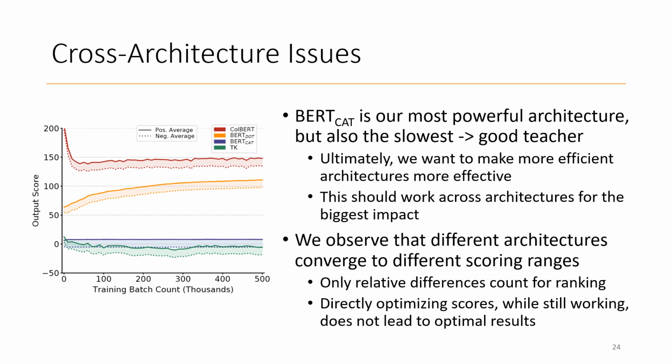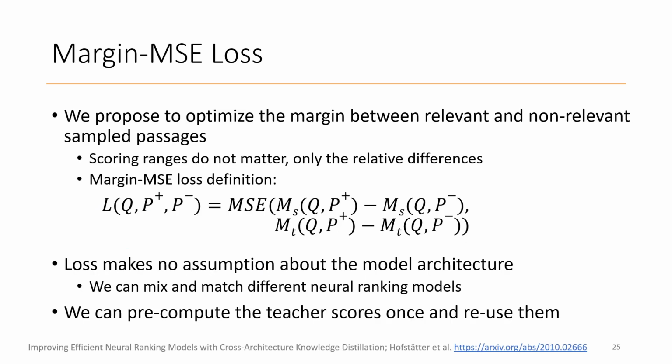And what we found is directly optimizing the models to fit the scoring range of BERTDOT while still working does not lead to optimal results. Therefore, we proposed a new way of knowledge distillation in IR, which we called Margin-MSE Loss. And here we propose to optimize the margin between relevant and non-relevant passages per query, so that the scoring range does not matter, but only the relative differences do.